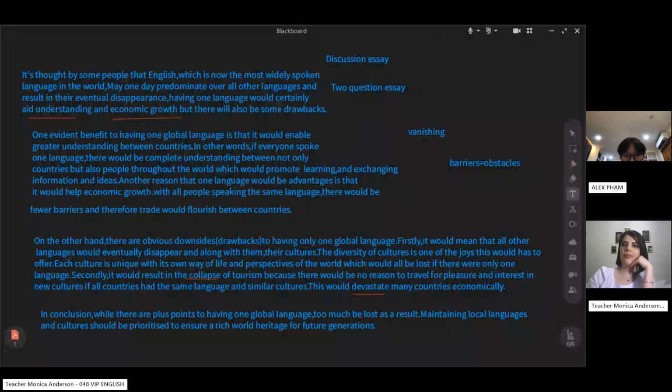In conclusion, having one global language could have many advantages, but there are also some disadvantages coming up with these advantages, and many changes could happen when only one language is allowed.